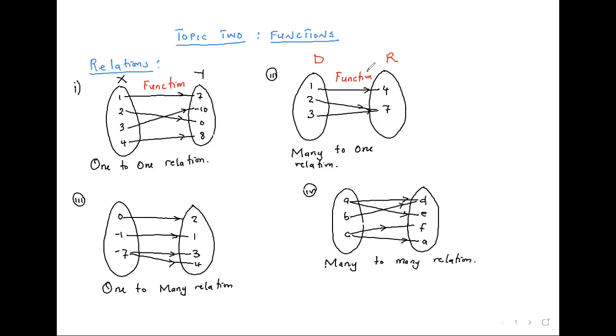Three, we have 7 that is mapped to 2 elements. So it's not a function. Four, we have A mapped to 2 elements. We have C mapped to 2 elements, so not a function.